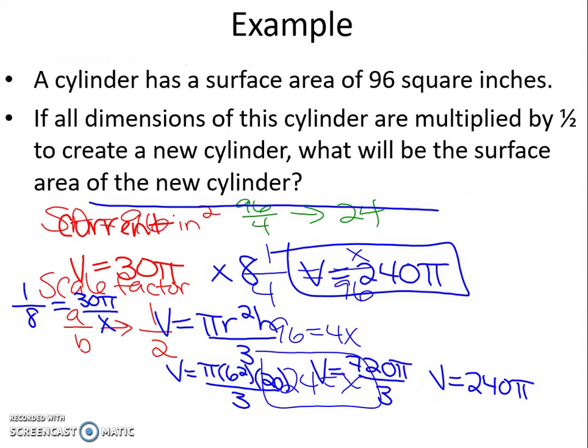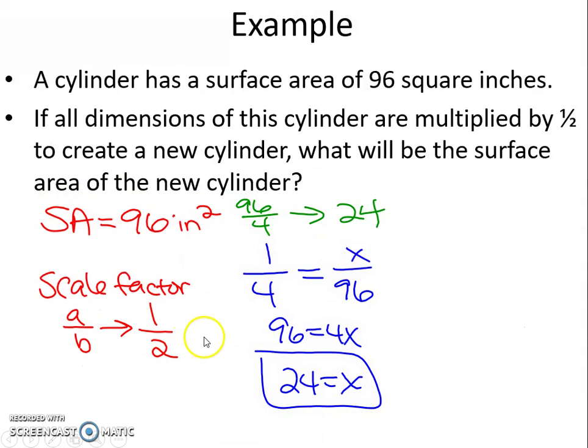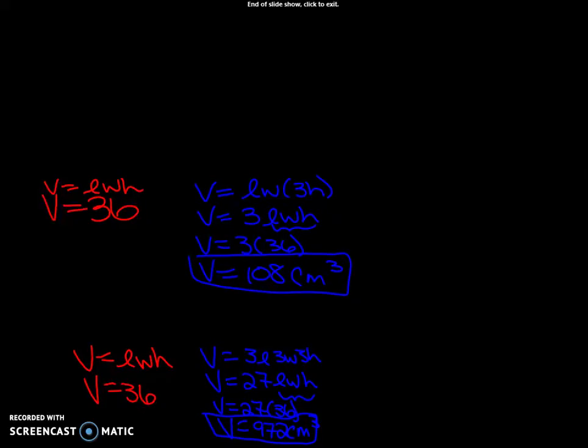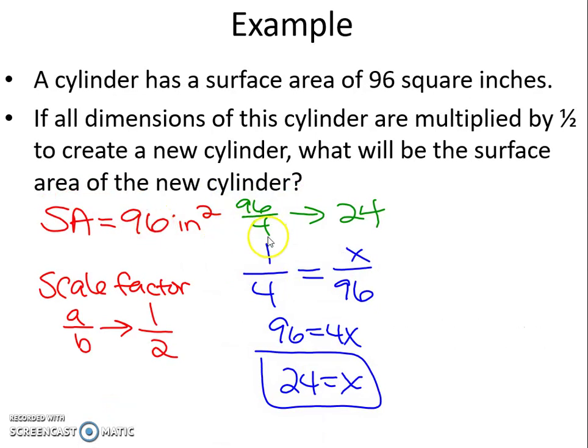So what you will do is 96 divided by 4, because we're just cutting in half, which is 24. So 24 will be the new surface area. Because the scale factor is 1 to 2, okay?